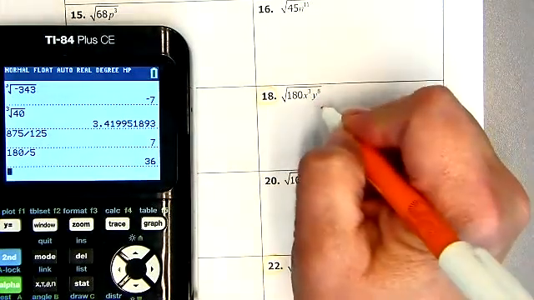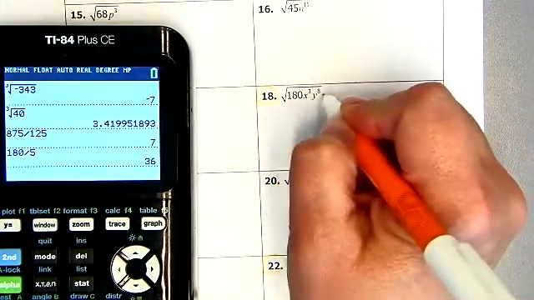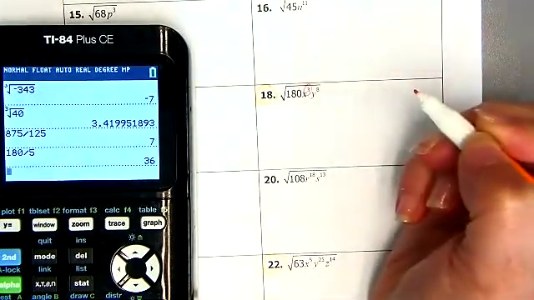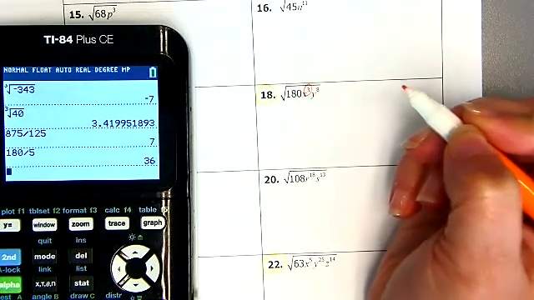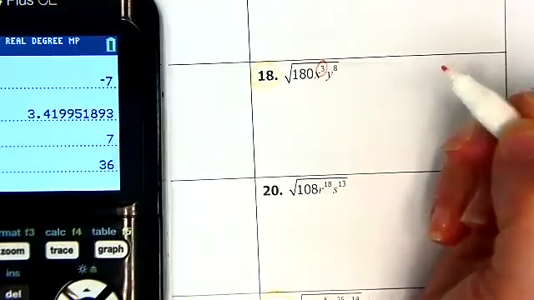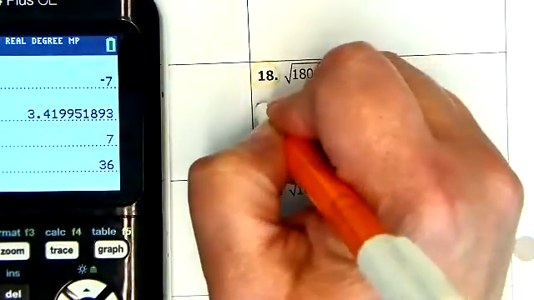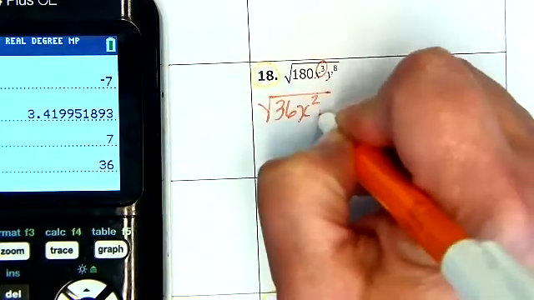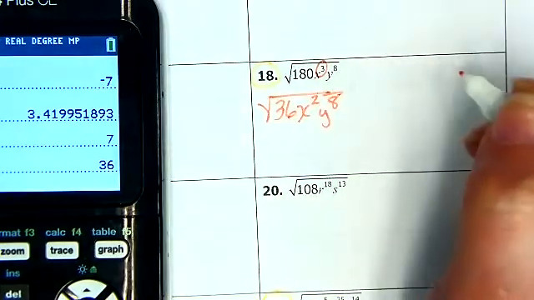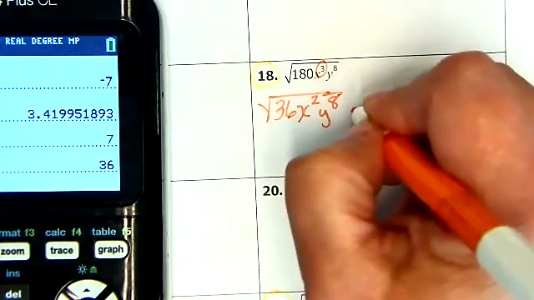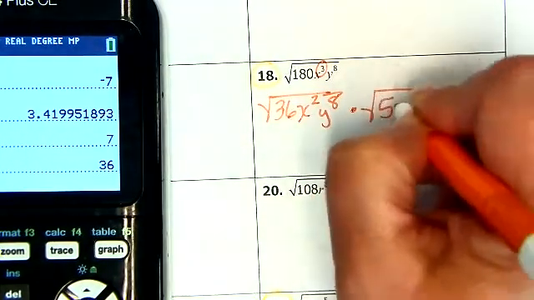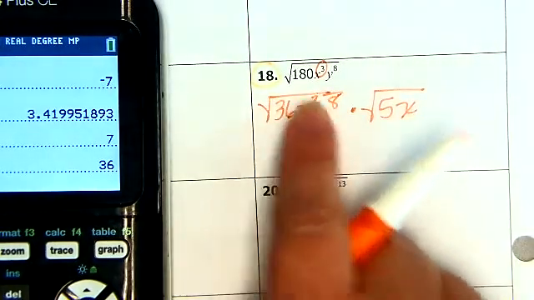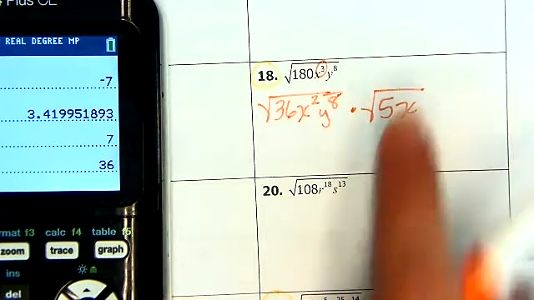Now I want my variables to be even, so I'm going to have to separate this one out because that's to the third. So we end up with the square root of 36x squared y to the 8th, and then times the square root of 5x, because these two are not perfect squares. I want everything in perfect squares here, and then we have what's left.